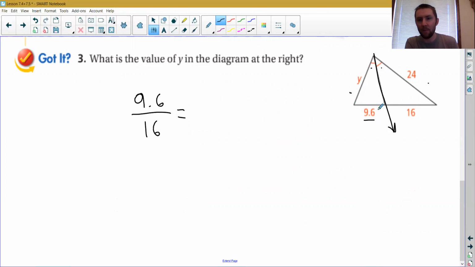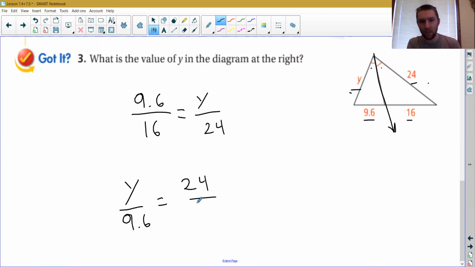And again, because I went 9.6 over 16, I'm going to go y over 24. But it's also okay if it makes more sense to you in this picture to go y over 9.6 is equal to 24 over 16. That's perfectly fine. You'll come up with the same answer doing it either way.